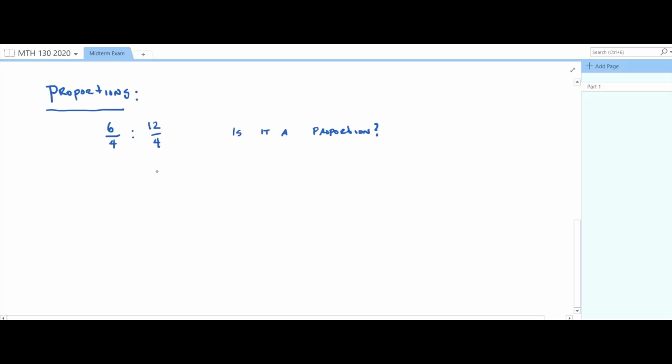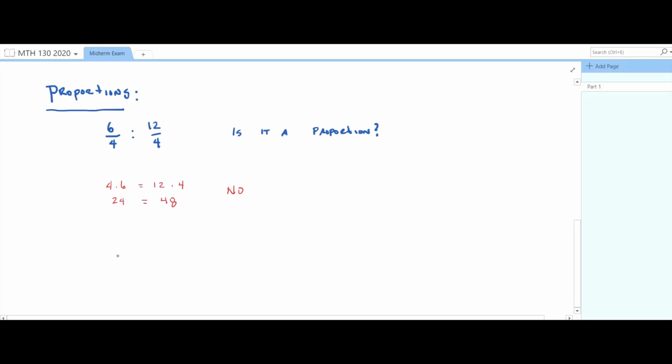How can we figure it out? Well, if this is a proportion, we should be able to bring the 4 over here and bring this 4 over here. So we should be able to bring 4 times 6, and it should be equal to 12 times 4. And in this case, you see, we have 24 over here equal to 48. So the answer would be, no, that's not a proportion.